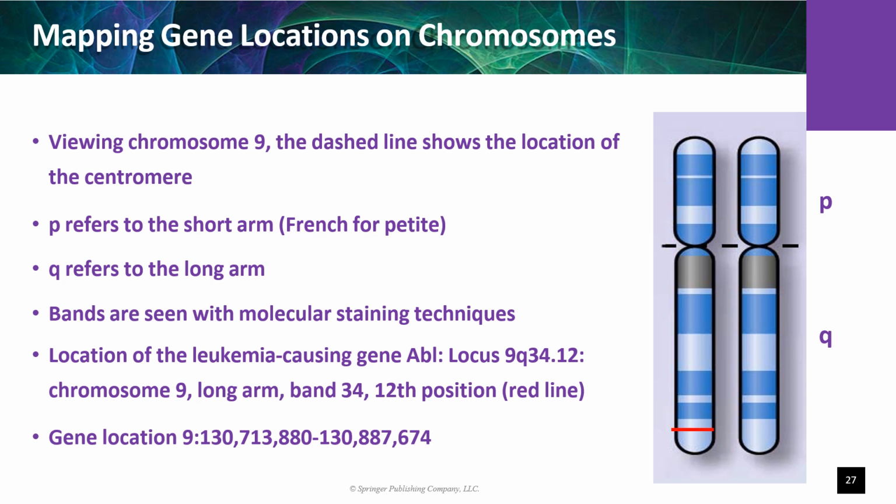The arm of the chromosome is the part above or below the centromere. The short arm is the P and the long arm is the Q. The remaining numbers are the region and the subband where the gene is located.